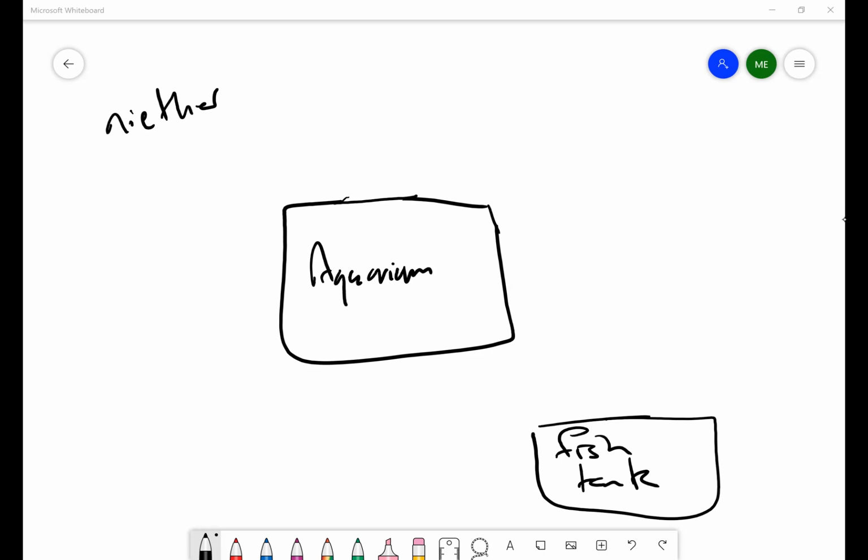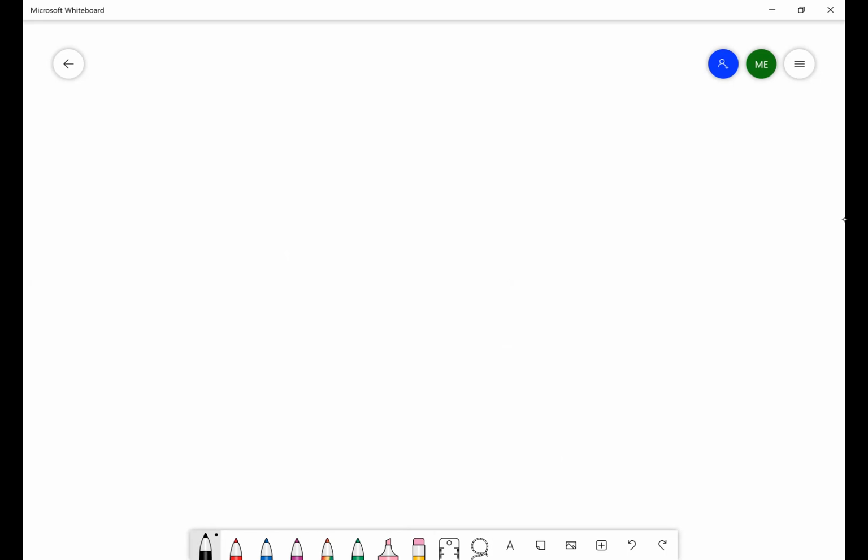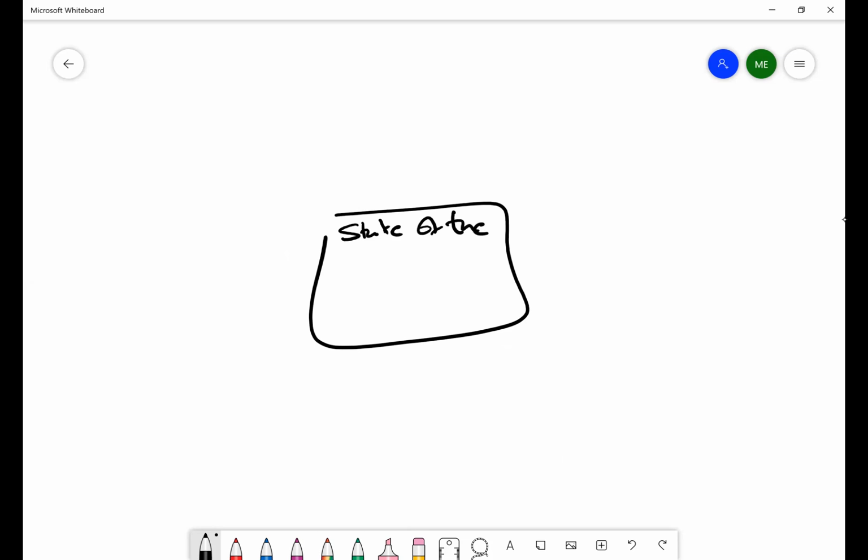So I'm going to delete this whole thing for now, and I'm just going to say state of the art monitoring system. I don't like to read the word system because if I don't read the word system, that's usually a red flag for me.